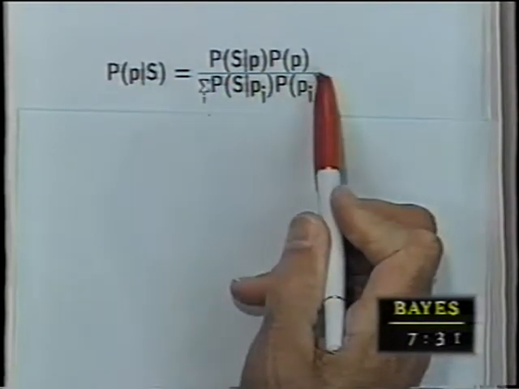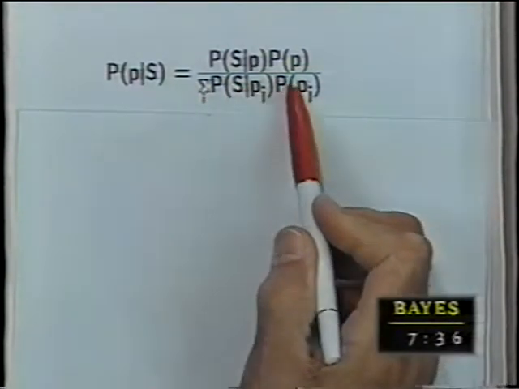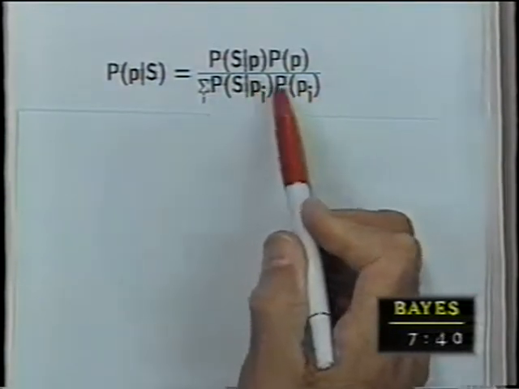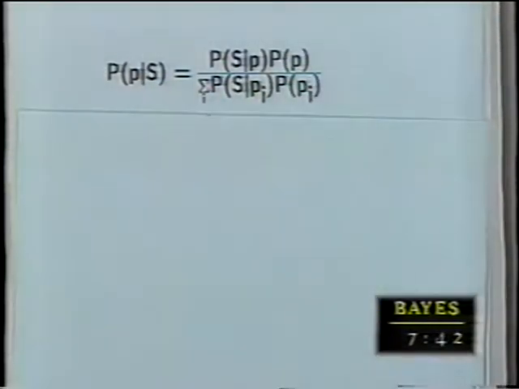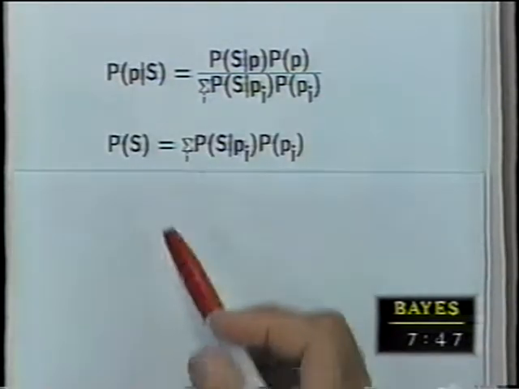And in the denominator, what you have is the sum of all the probability of secondary given primary times the probability of primary, for the same secondary, but each of the possible primaries. As a matter of fact, that denominator is the probability of the secondary by itself.